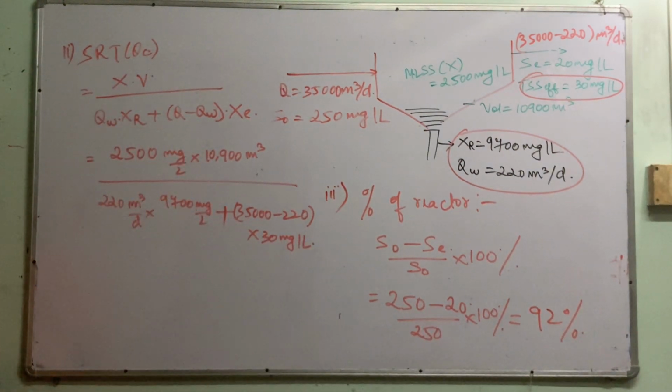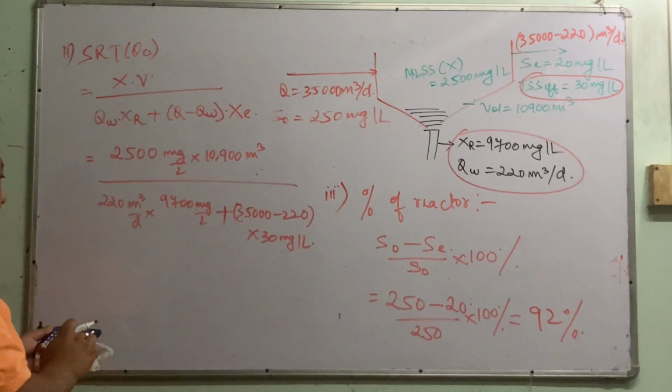Okay, so this is 2500 into 10,900. It's very huge. Divided by 220 into 9700 plus... Now it's very complex because mine is not a proper calculator.